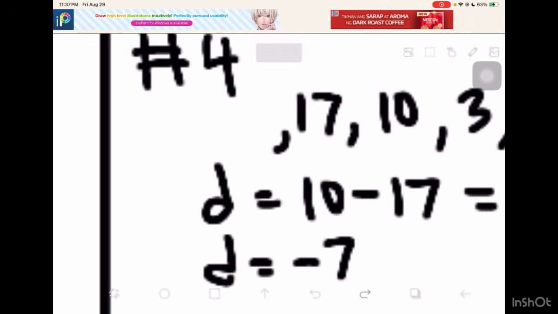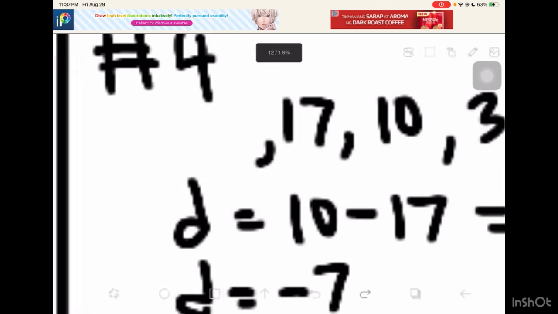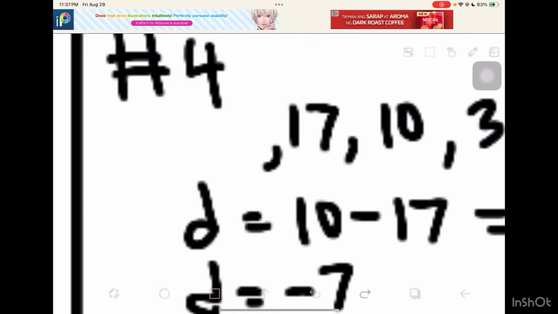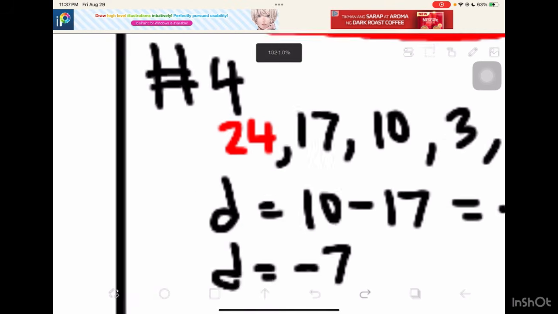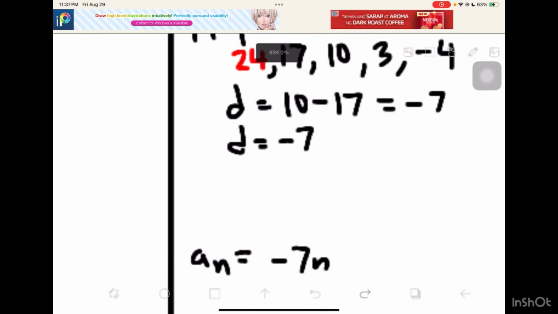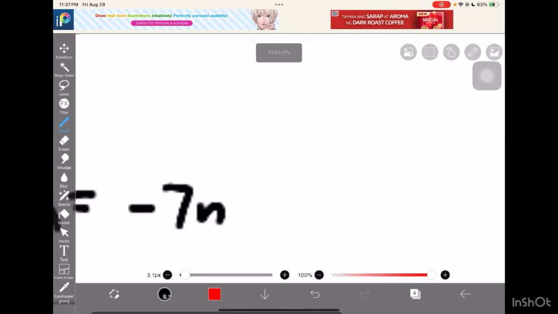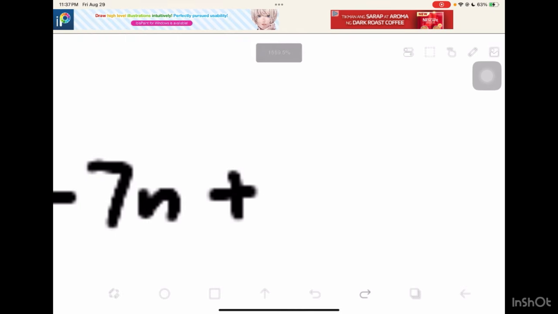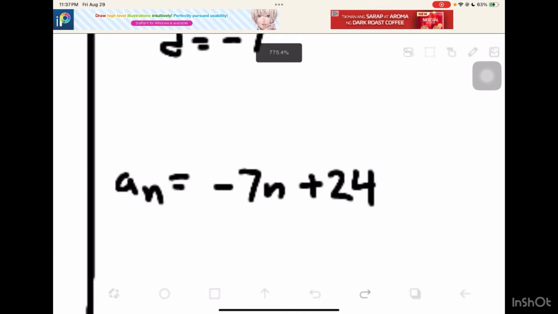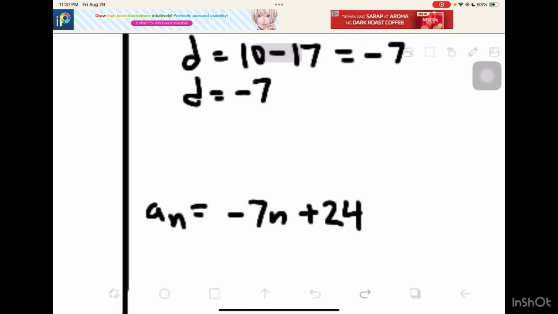So 17 plus 7, because 17 is the first term, and we'll have what I like to call a ghost term. That's the 0th term, and it's 24, because 17 plus 7 is 24. This ghost term helps us attach the second part of the formula, which is 24.